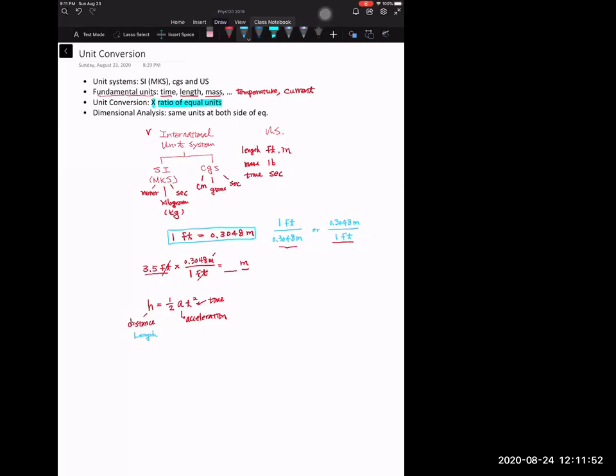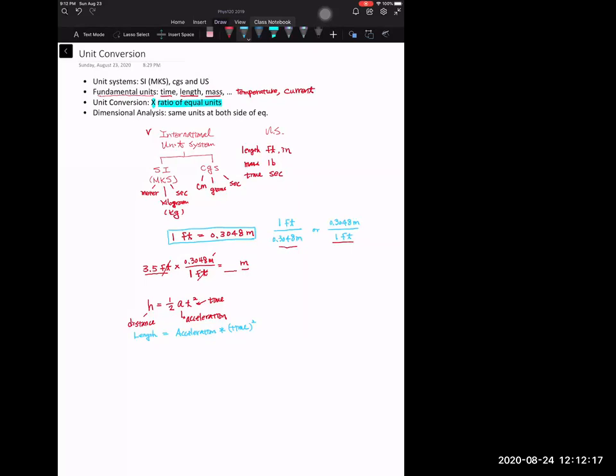Meaning if you multiply the unit of the acceleration with the unit of the time squared, that is going to be the same unit as the length.